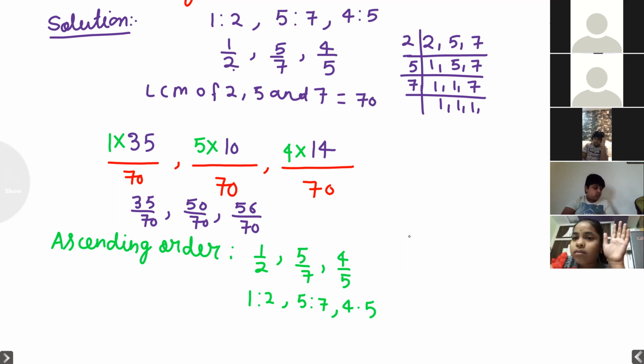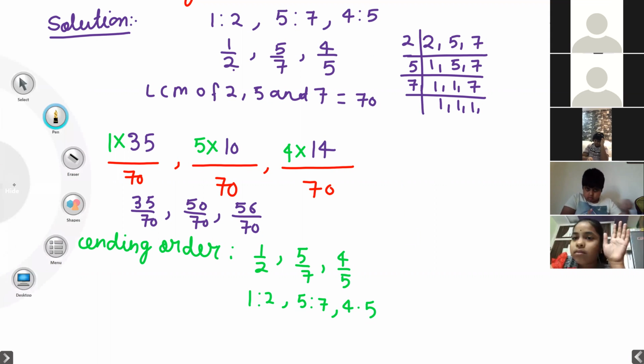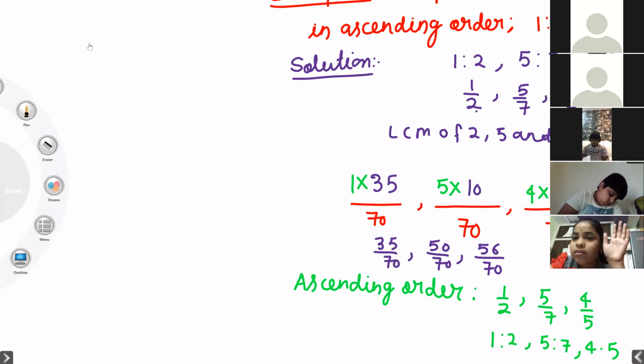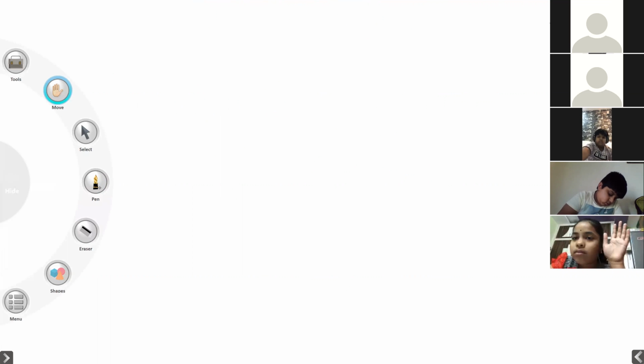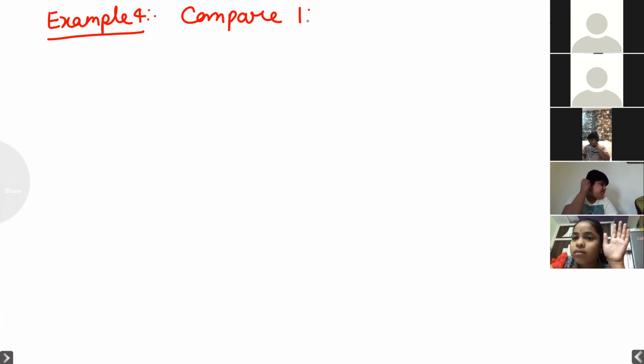Example 4. Compare 1 is to 2, comma 3 is to 5, comma 2 is to 5.